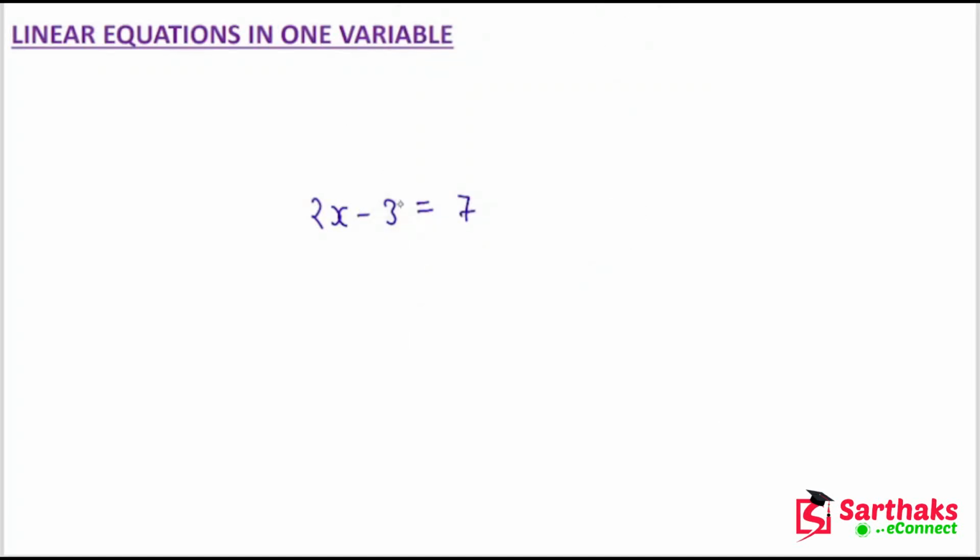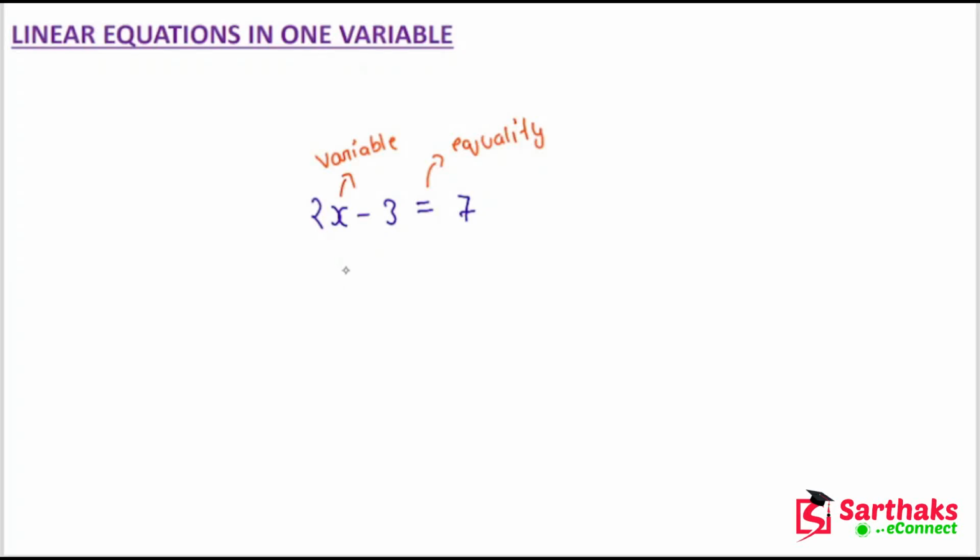First of all, this itself is an equation, and this equal sign is the equality. What is x? x is the variable. So what is that one variable? It is x. This complete 2x minus 3 equals 7 is called the equation.